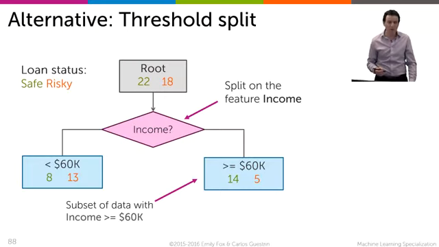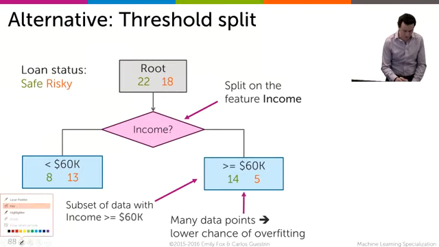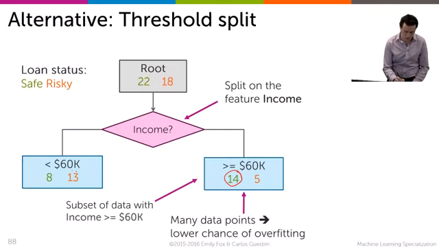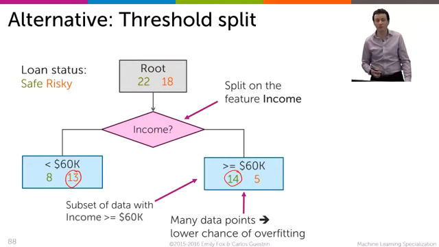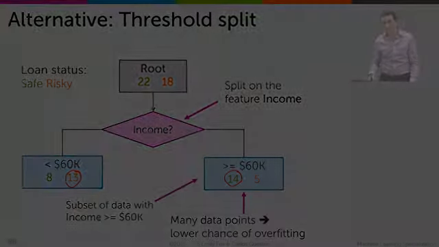As we can see, we have a subset of the data here that has income higher than 60,000, and for those, we have many data points, so there's a lot less risk of overfitting. We see that 14 of them are safe loans, so we probably predict safe there, while 13 were risky, so maybe we predict those as risky. So this is a very natural kind of split that we might want to do with continuous-valued data.